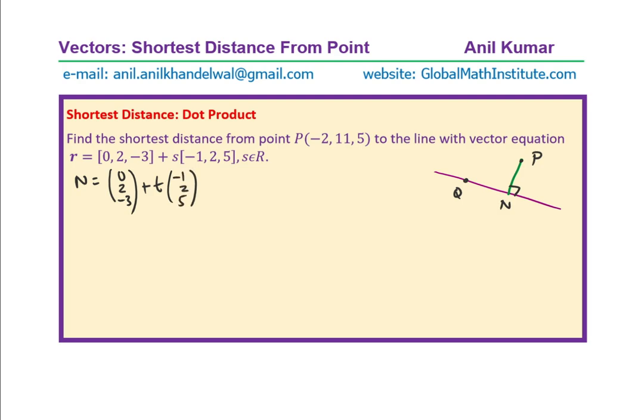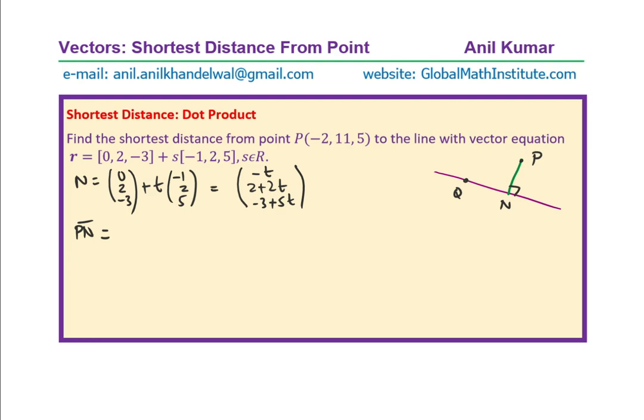Now, P to N will be what? P is (-2, 11, 5), correct? So we have to use that here, right? So you could write this as (-t, 2 plus 2t, -3 plus 5t).